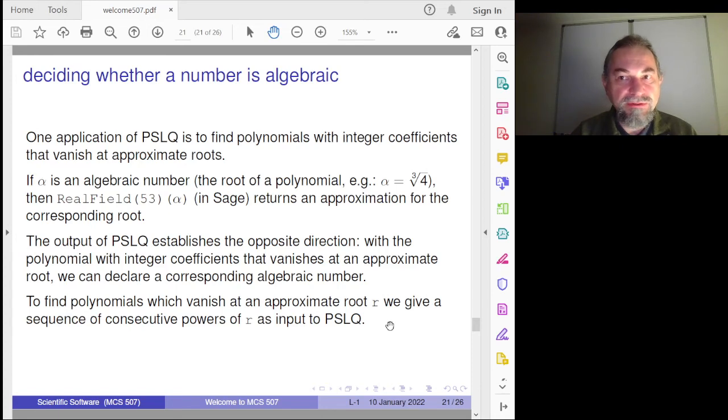You can find the smallest degree polynomial for which your floating point number is an approximate root. So once you do that, you actually go from the approximate computation, or numerical analysis algorithms that by default work with floating point numbers. You can flip your computation into a computation with algebraic numbers, which is then again an exact computation.